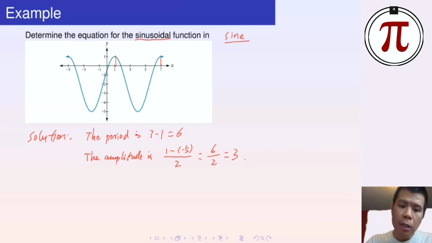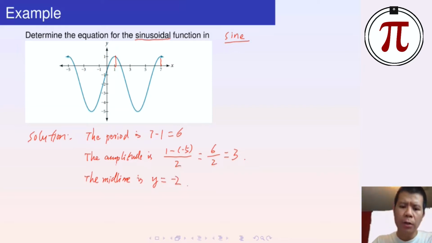And then the midline. The midline is y equals what? I believe -2. Yes, y equals -2.